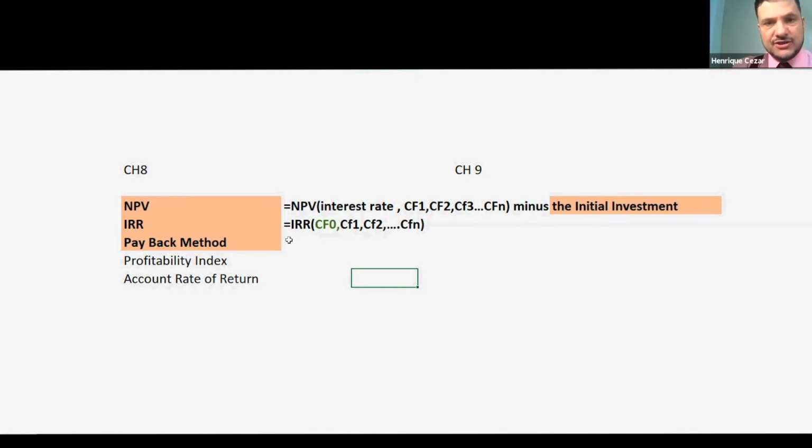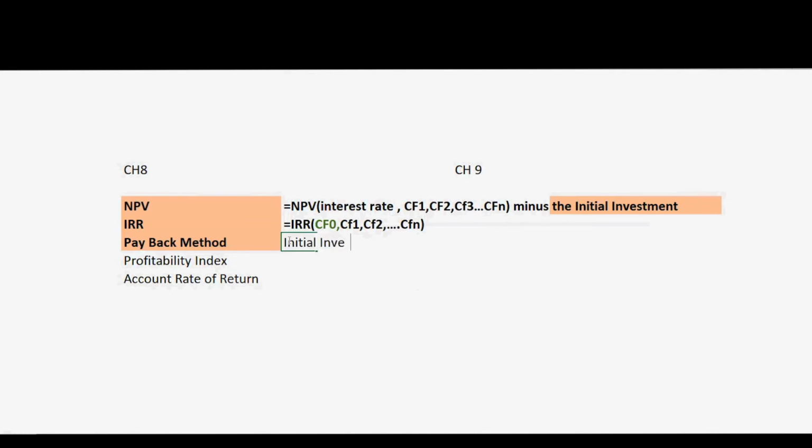Payback method, you just take your initial investment, so initial investment minus the cash flow 1 minus cash flow 2 until the investment pays back.